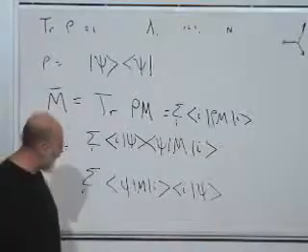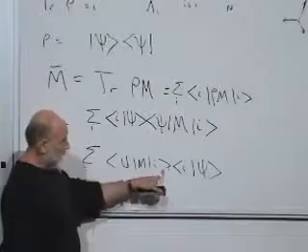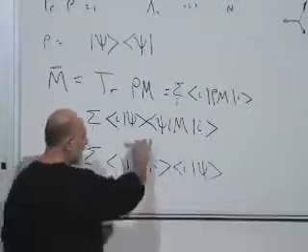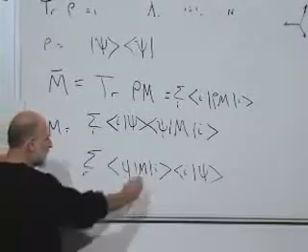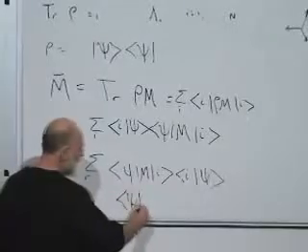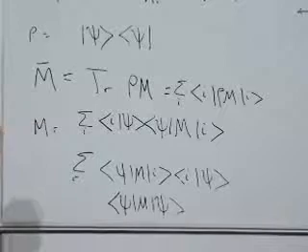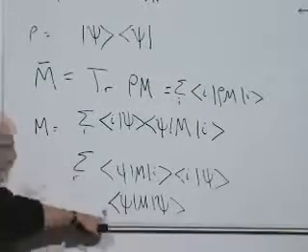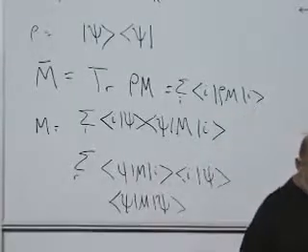That's the unit operator. The sum of I is the unit matrix. It can always be canceled out. It makes no difference. You can just remove it, and the result is psi m psi. Well, that's not too surprising. The average of m is the expectation value of m if you have a pure state.